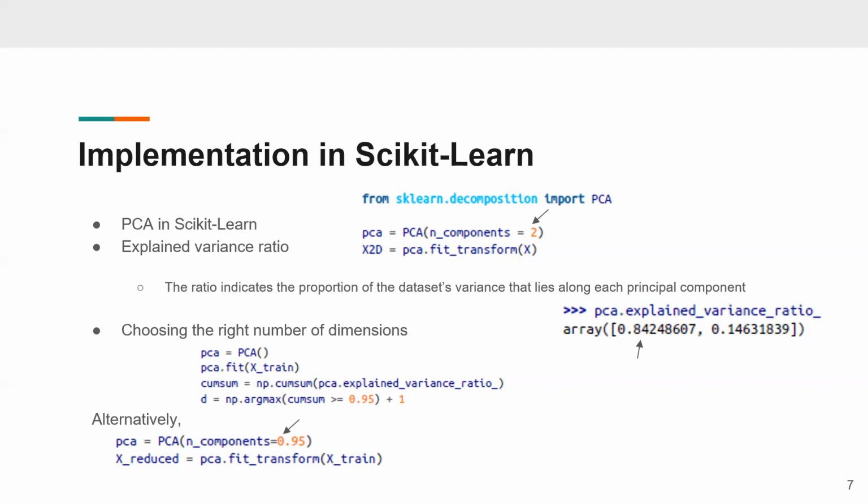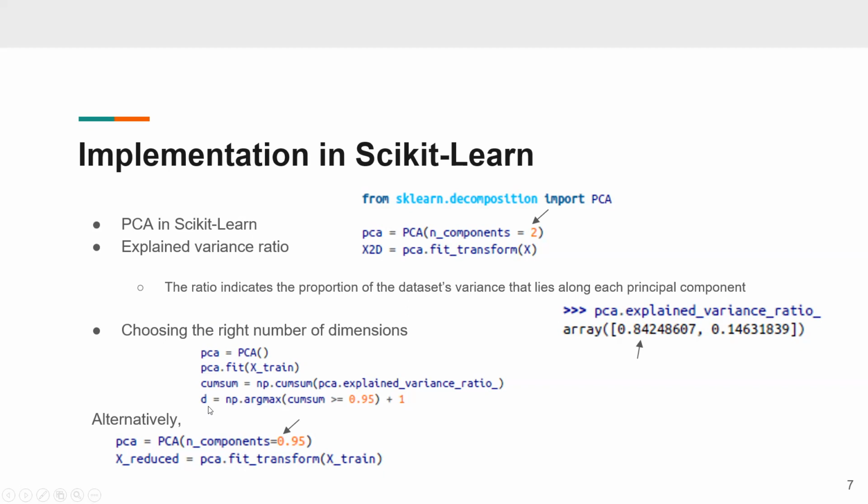So we want to find the right number of dimensions by leveraging the explained variance ratio. What you can do is add the dimensions up, as I just did, which gave 98%. Here you do a cumsum of these numbers, then find the first point that is larger than 0.95, and plus 1 would be the dimension.